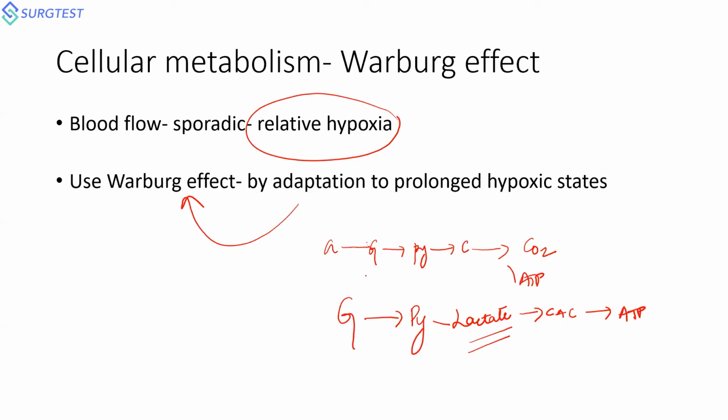Instead of undergoing the normal aerobic glycolytic pathway, the cancer cells will have an altered internal metabolism or a dysregulated cellular metabolism in the form of the Warburg effect, which is a kind of adaptation to the prolonged phases of relative hypoxia, which will help the conversion of glucose into pyruvate, which later on gets converted into lactate.